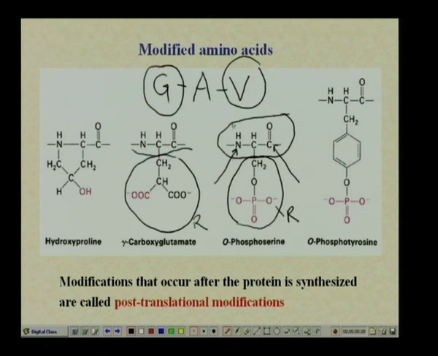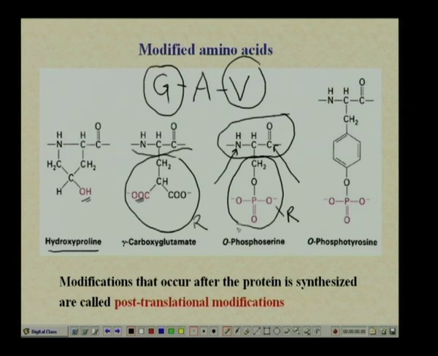So, all the information you actually need is a series of letters, the amino acid alphabet that comprises proteins or polypeptide chains. So, what are the modified ones that we could have? There are others, but these are the common ones. We can have hydroxyproline, in which our hydroxy is attached here. We can have carboxyglutamate, where the carboxy is attached here.